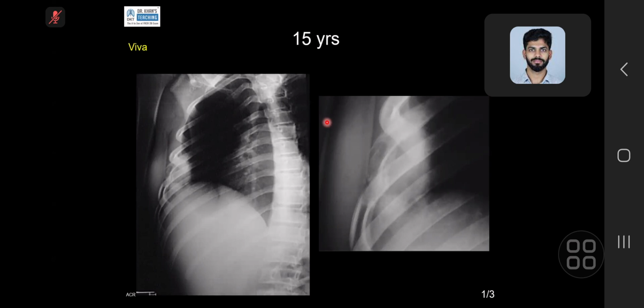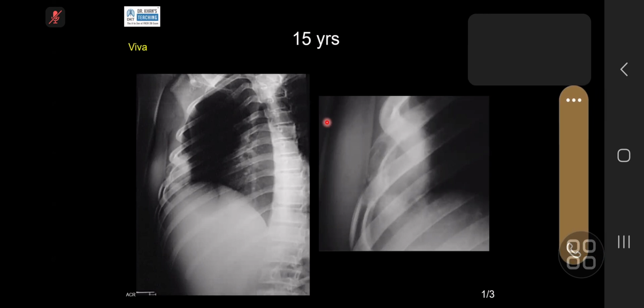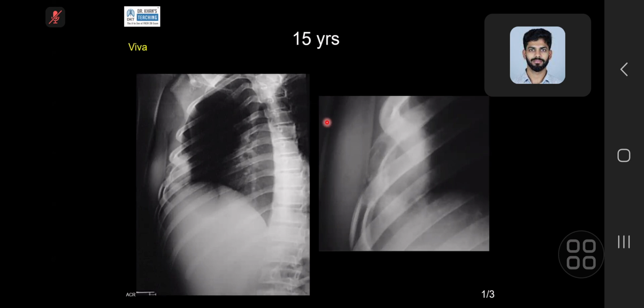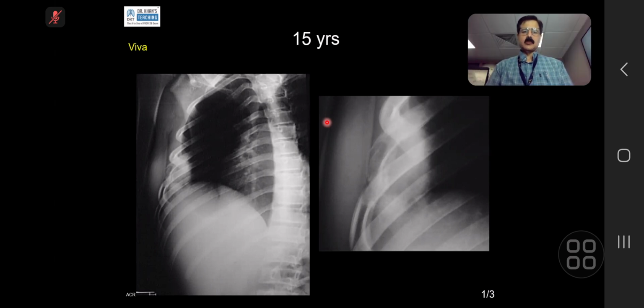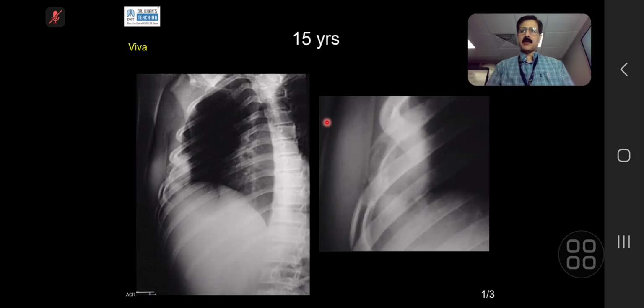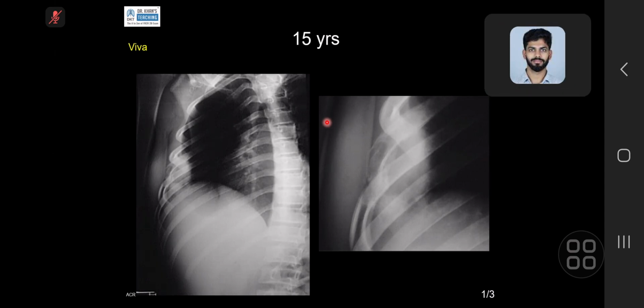Other than infection, trauma, but unlikely given the aggressive features. Langerhans cell histiocytosis. And Ewing's, but it's unlikely, because it is a flat bone, usually seen in the long bones in the diaphyseal location, and the soft tissue component is less.